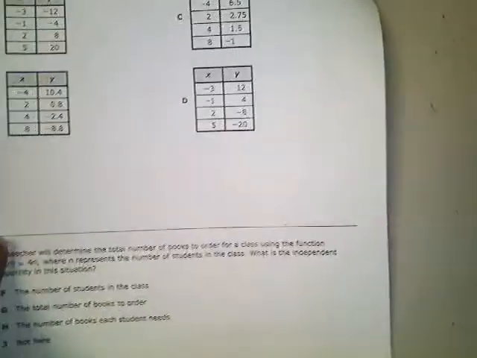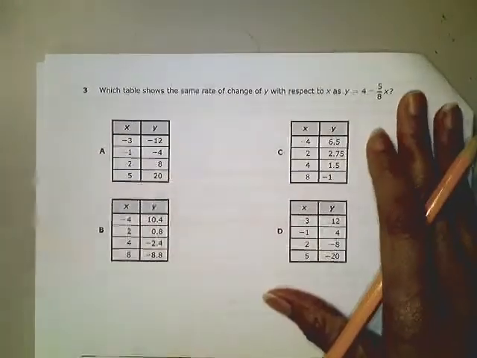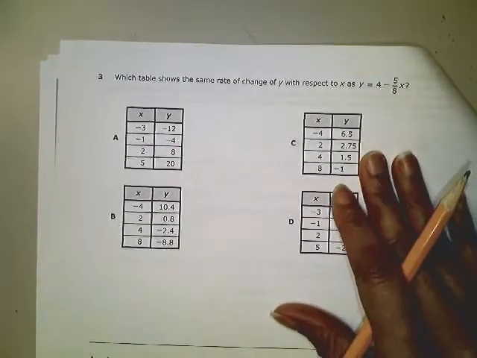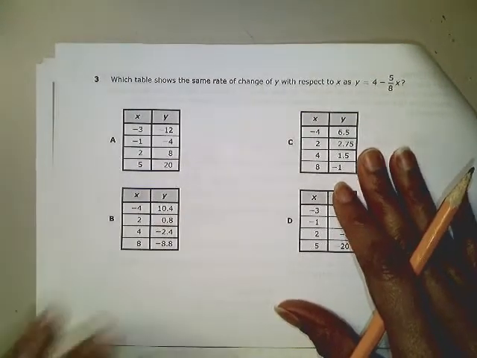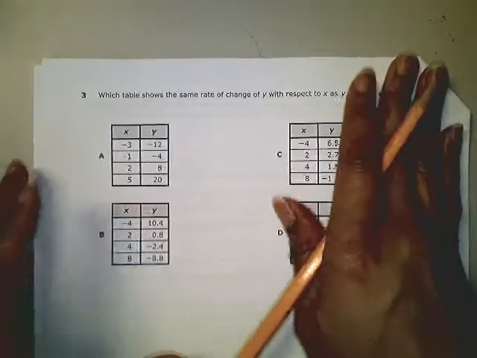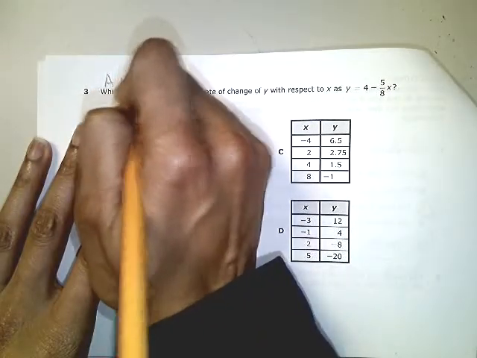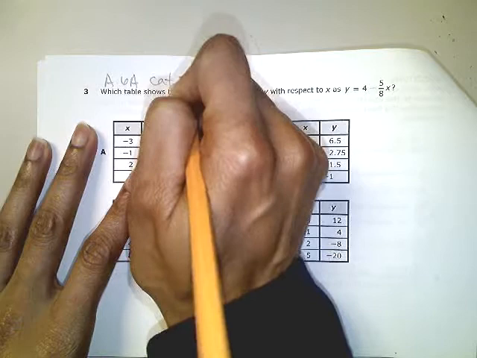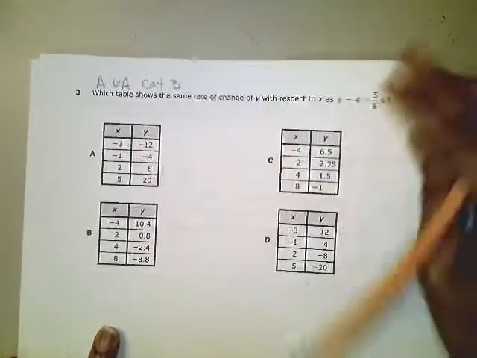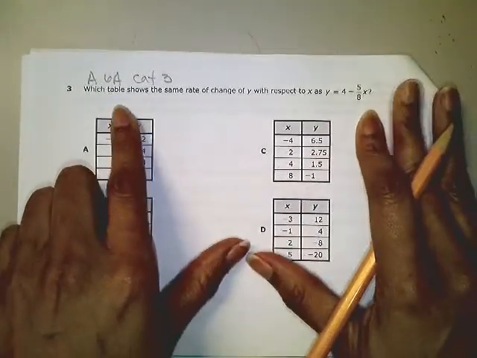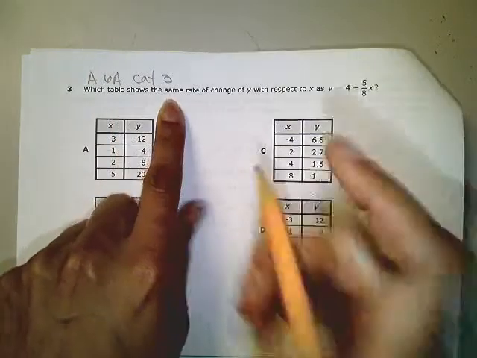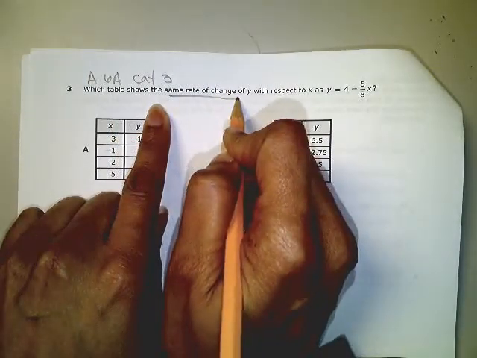Okay, let's go to number 3. Number 3 is TEK 8.6a, and this is category 3. This says, which table shows the same rate of change as y equals 4 minus 5/8 x?